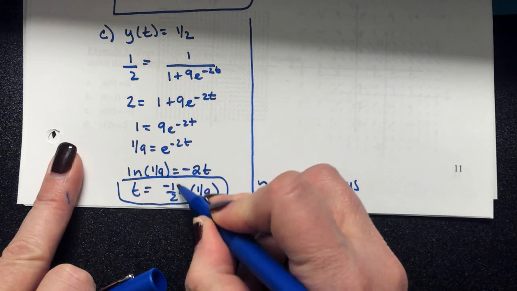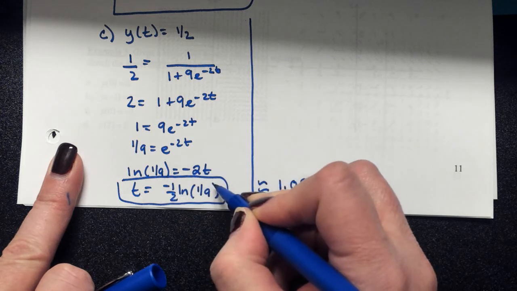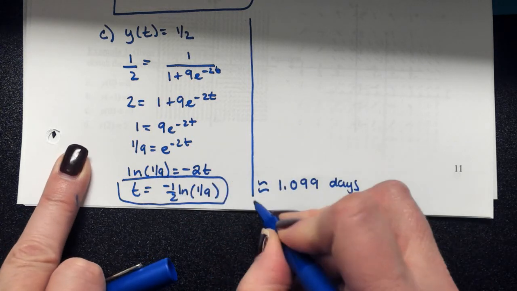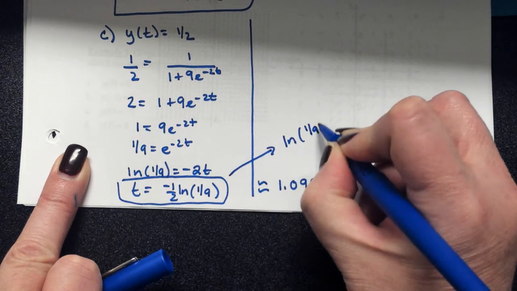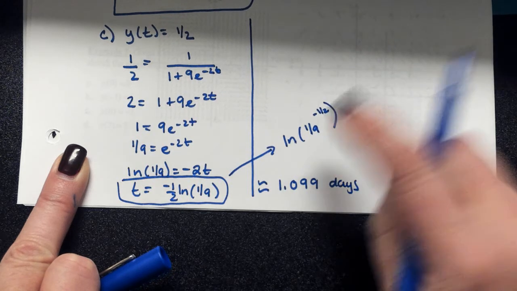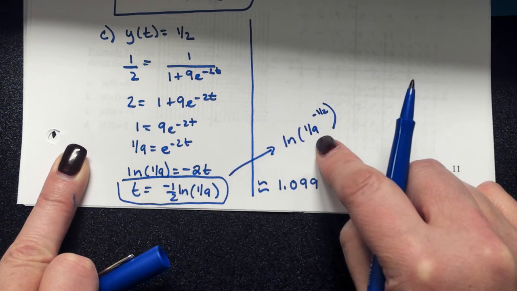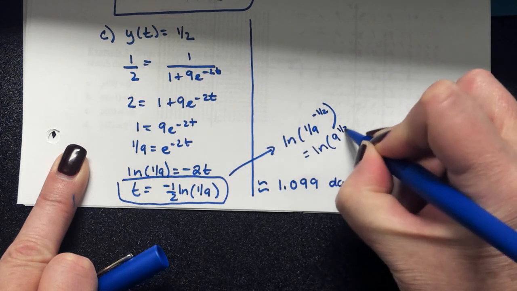Because what is that? Using your power rule, what can I do with the negative 1/2? I can move that to become the exponent for 1/9. So I could also write this as the natural log of 1/9 raised to the negative 1/2 power. Well, with a negative exponent, what would I do? I would take the reciprocal of 1/9, which is 9 to the 1/2.